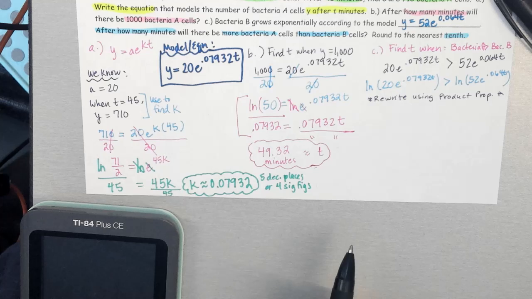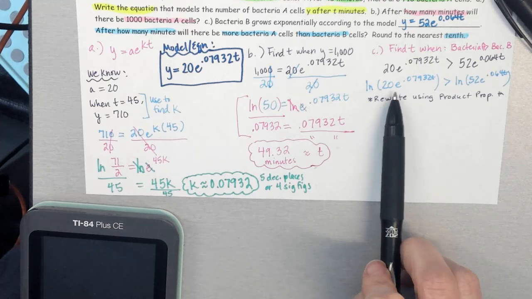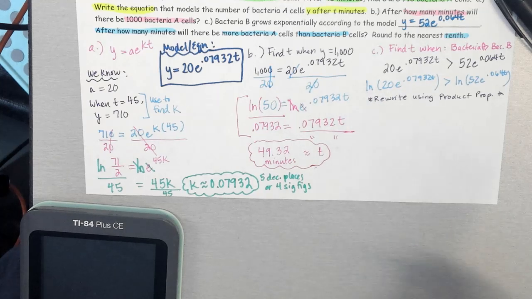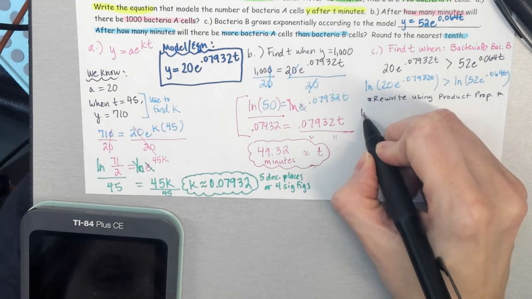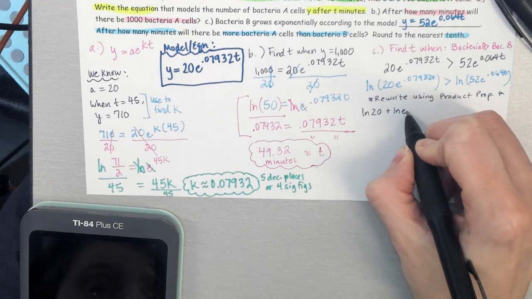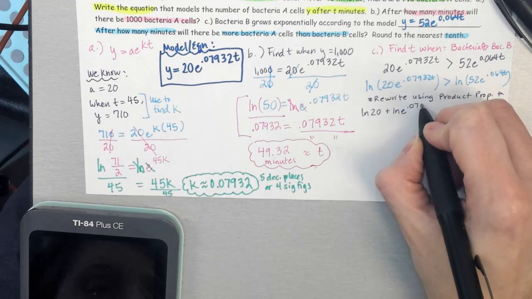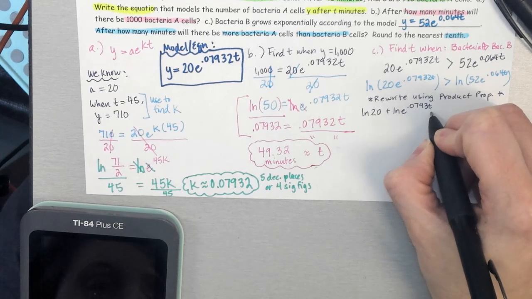So remember the product property tells us if you are multiplying two of these together, then you can separate this into the natural log of 20 plus the natural log of e to the power of 0.07932t.